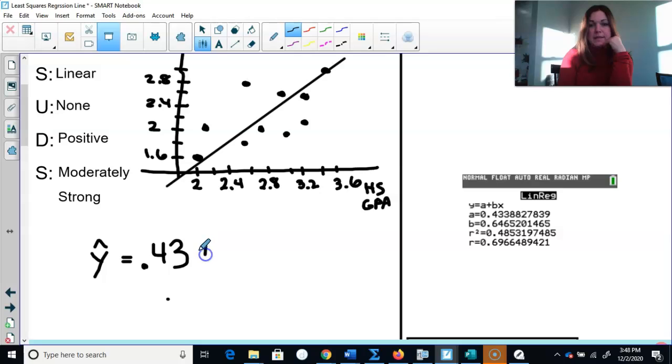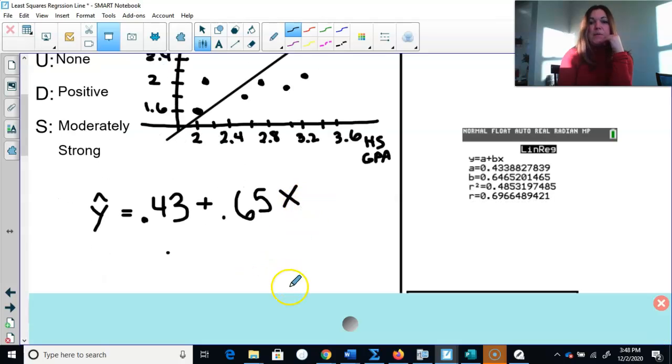Our B is 0.64, and because the number to the right of the 4 is 5 or above, we're going to round it up to 0.65 times X. Now what's important is we want to highlight what X is. X is our high school GPA.